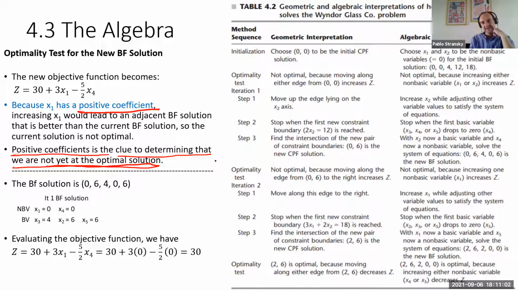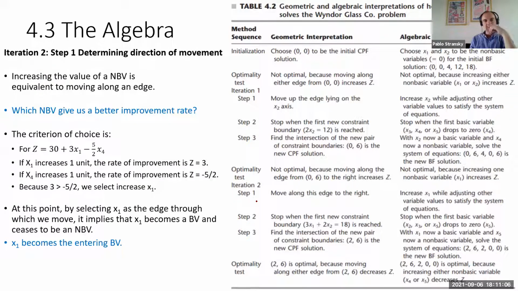So let's go to our step 1 again. Step 1, increasing the value of the non-basic variable is equivalent to moving up the edge. So in iteration number 1, we moved through this edge, x2. In iteration number 2, we're moving through this edge, and that's x1.